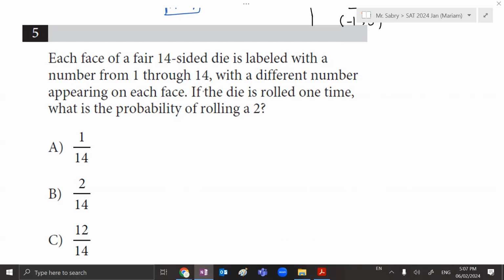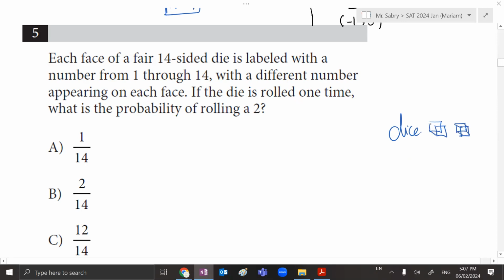So do you know the dice? Yeah. The die is one of them. It's the singular. Okay. So dice is the plural. A die is one.